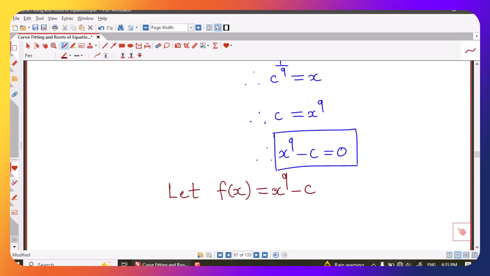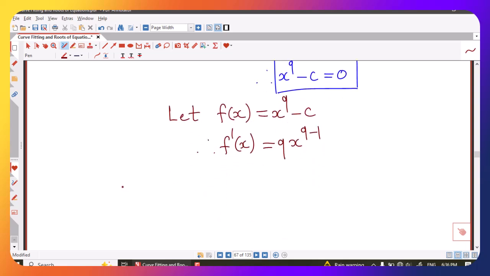So f of x is x raised to q minus C. Therefore the first derivative of f is nothing but q times x raised to q minus 1, since the derivative of C is 0. Then we can write the Newton-Raphson formula, and using that formula we will get the formula for the qth root of this number C.